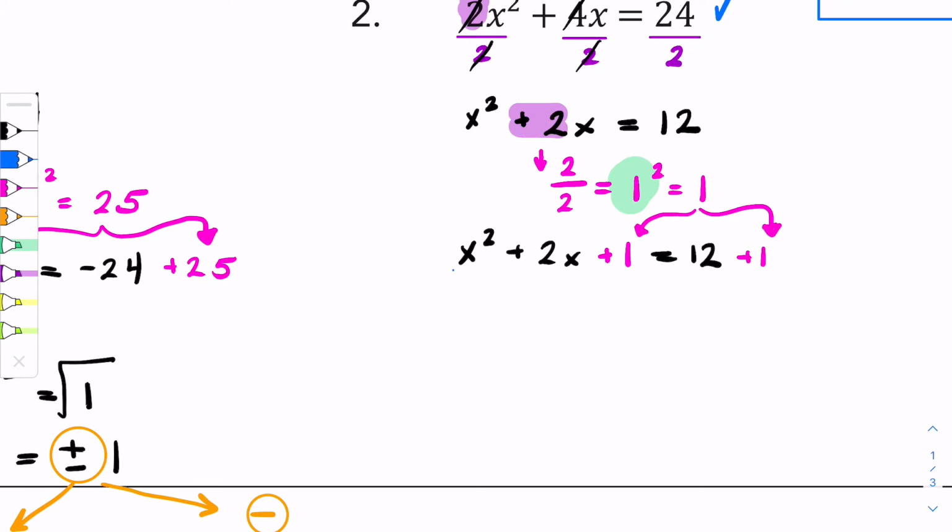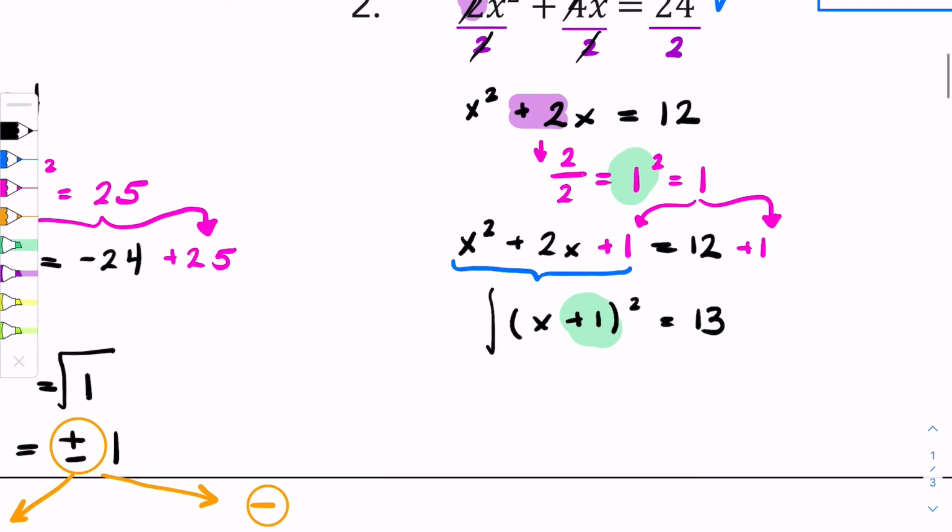Now we can factor the left side, and you're going to use that significant number we found, so it's positive 1, meaning this is going to factor to x plus 1 in parentheses squared. And this is equal to 13. Take the square root of both sides.